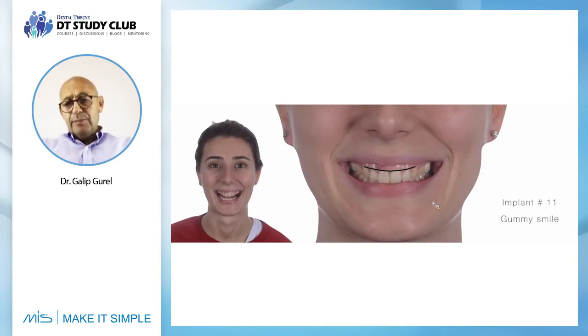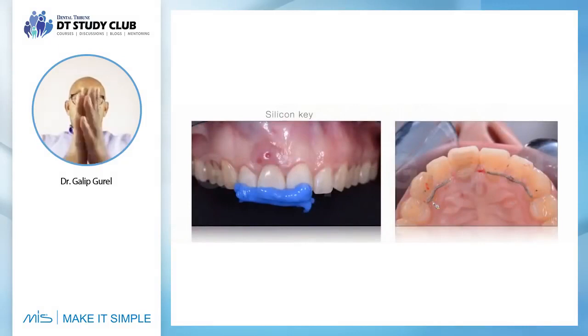However, the plan for this case is to place an implant into tooth number 11 and take care of the gummy smile. Before we start the case, I'm making a silicone key out of the existing condition, meaning to secure the position of this single central, which I will be using as a provisional after we place the implants.